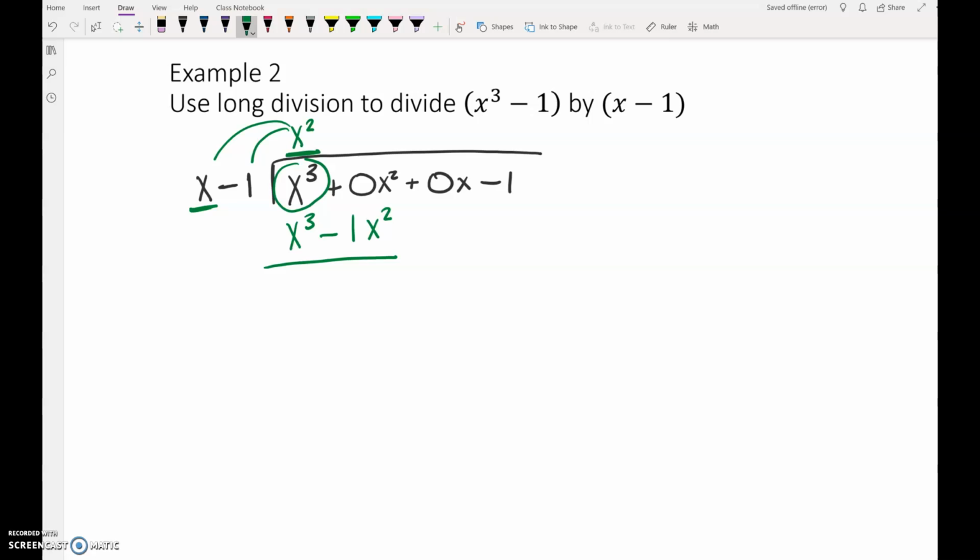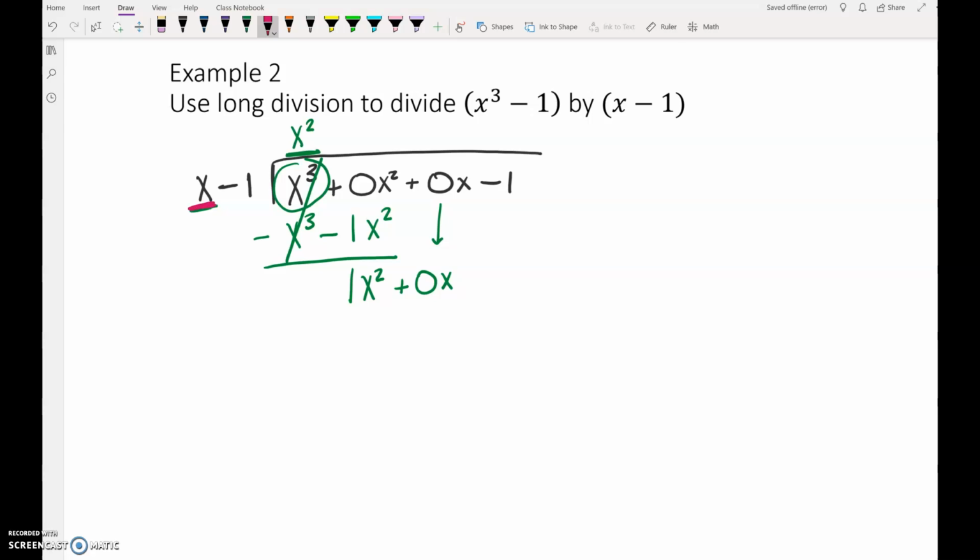X to the third minus x to the third, those cancel. 0 minus a negative 1 would be positive 1x squared. We bring the next term down, even though it's a 0x. And we move on to round 2.